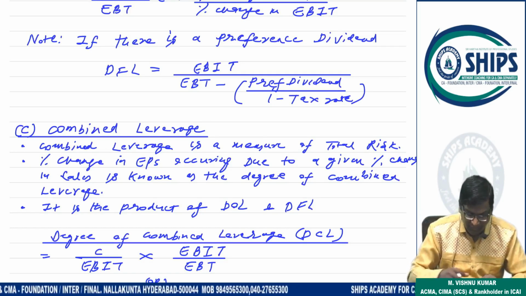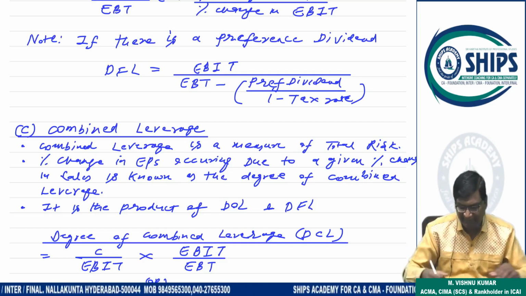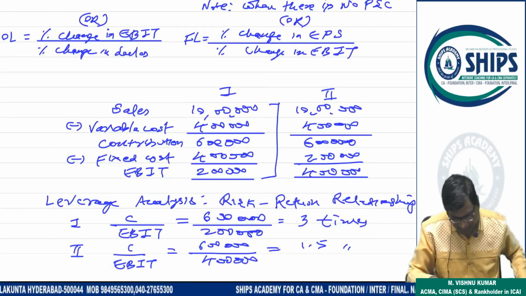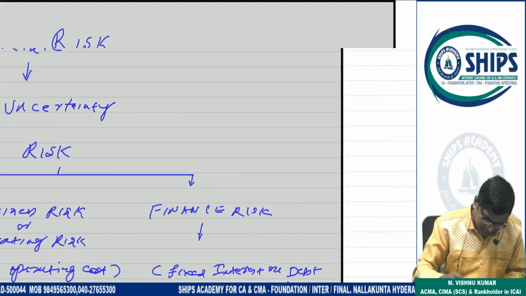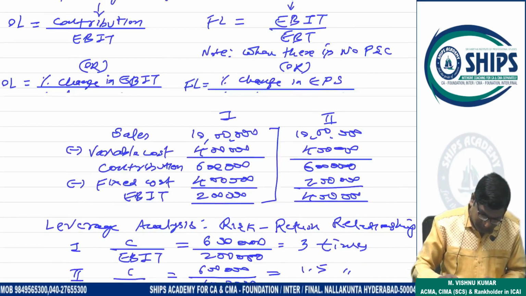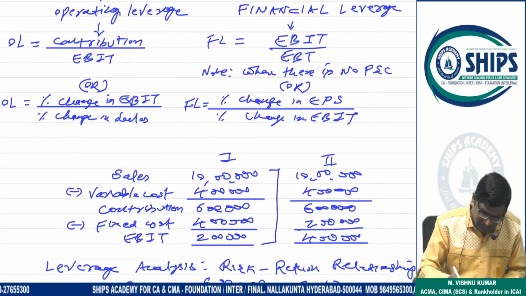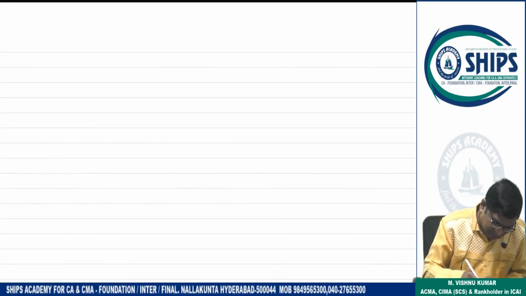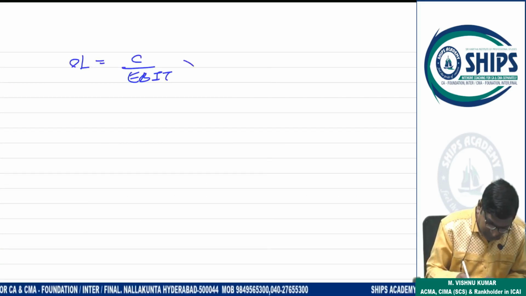Okay? Or you can use another formula also: contribution by EBT. Not EBIT. I will explain it. Now, this is the operating leverage formula and this is the financial leverage formula. You multiply these two formulas. Operating leverage is contribution by EBIT.